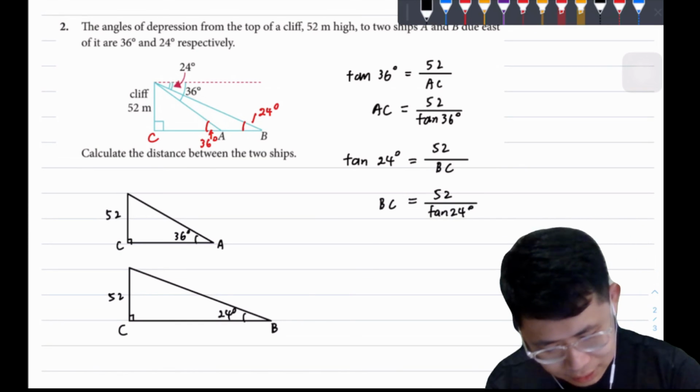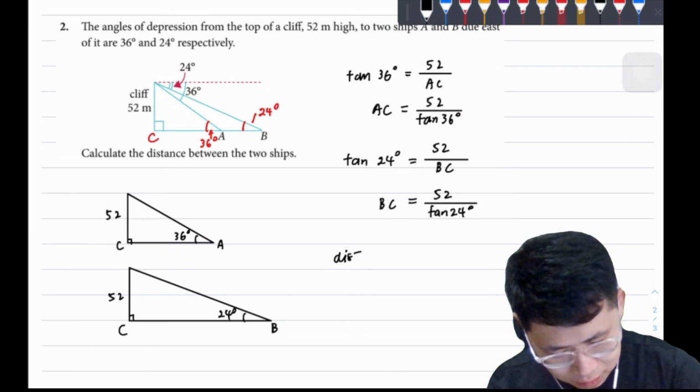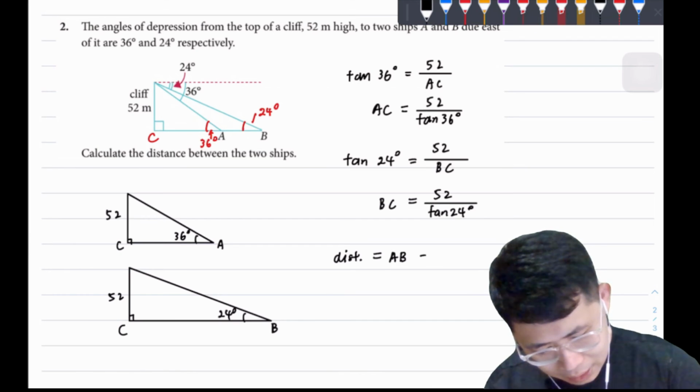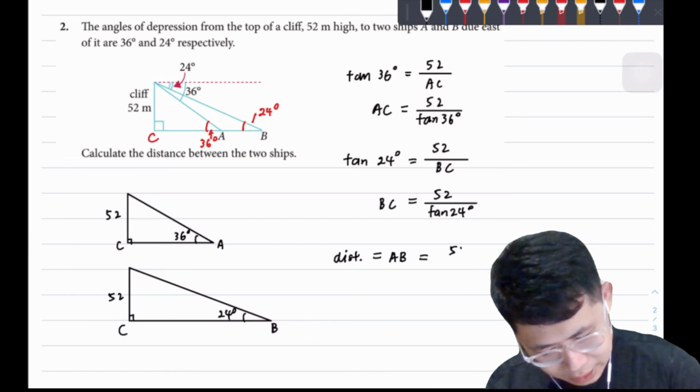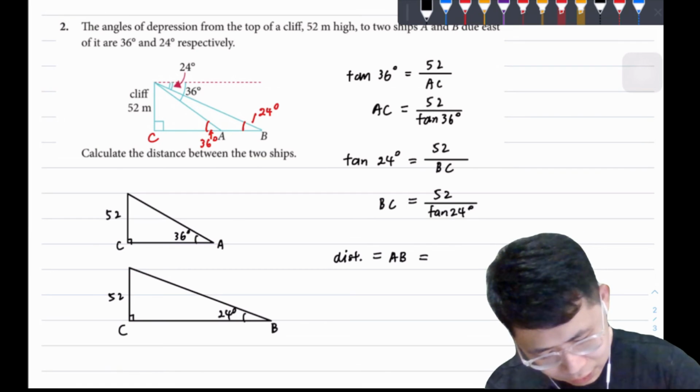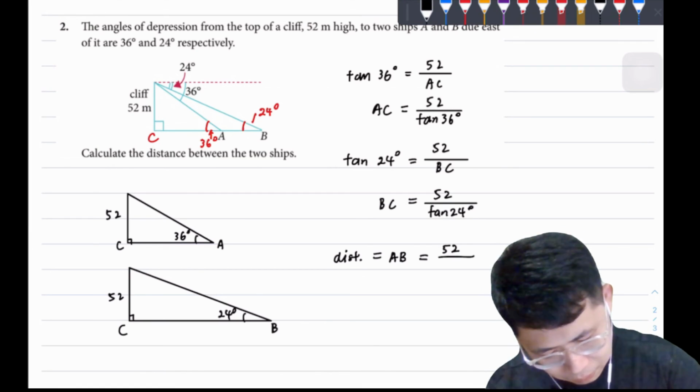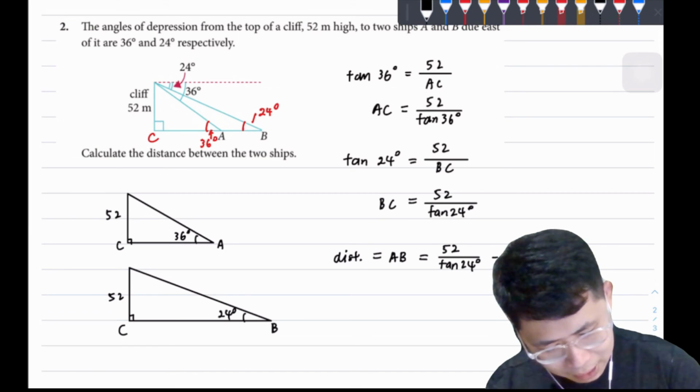Next, the distance between the two ships is given by AB, and it's going to be the long one, BC first. Long one is BC. The long one minus the short one.